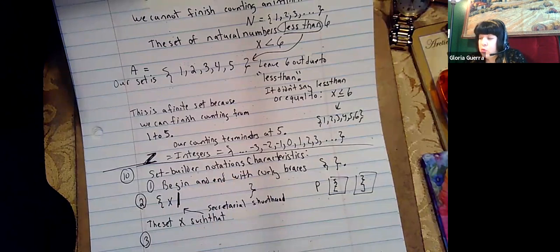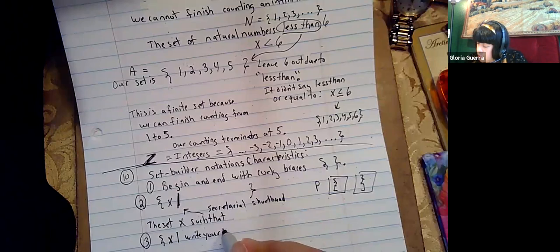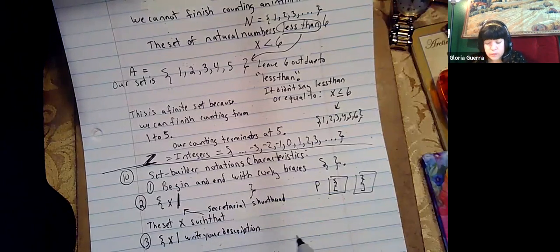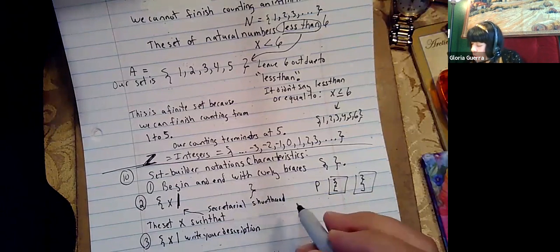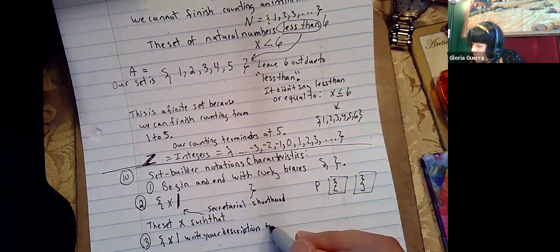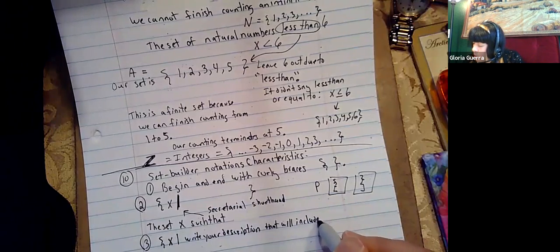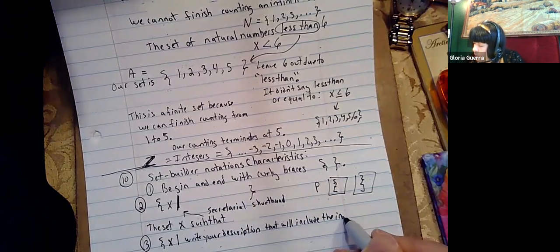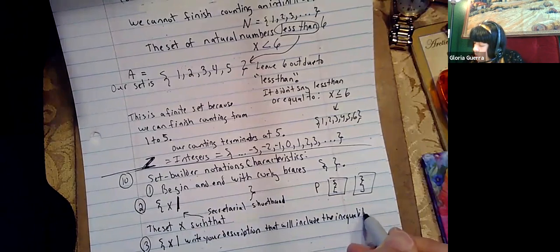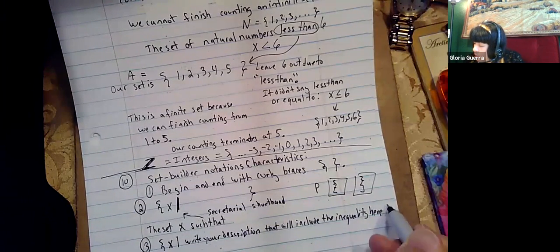And then you write your description, which usually includes, like they're saying, the inequality. You write your description that will include the inequality here, and then you close it.